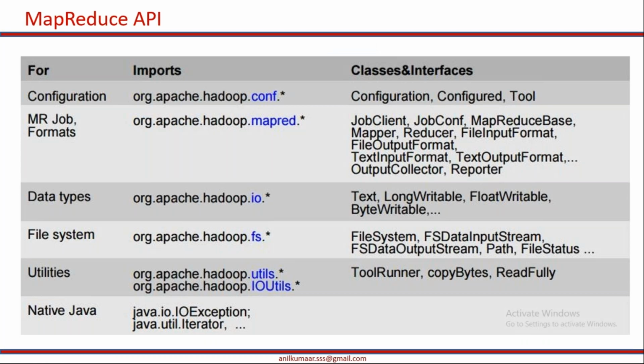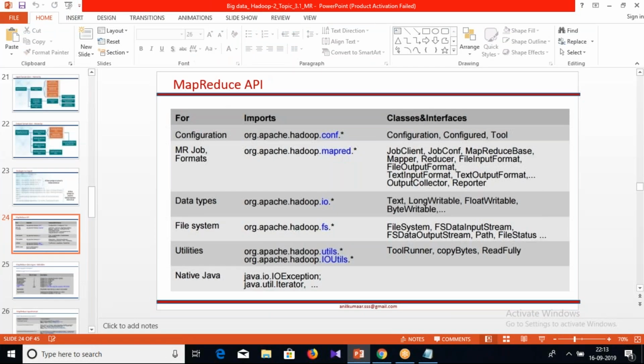Once we have created the MapReduce job, it will run at the cluster level. I have provided some additional information, so please go through this once the presentation is shared with you.